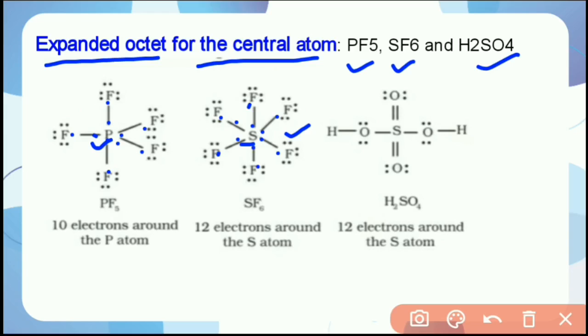So more than 8 electrons are present in sulfur hexafluoride. Same as in sulfuric acid, the central atom sulfur has more than 8 electrons, 12. So these examples do not follow the octet rule because the central atom has more than 8 electrons.